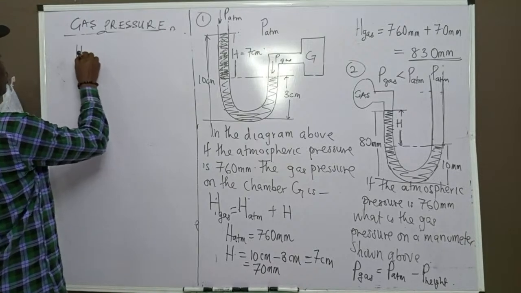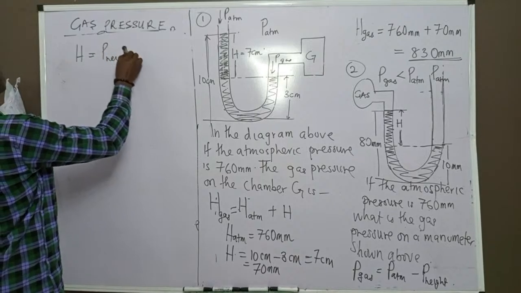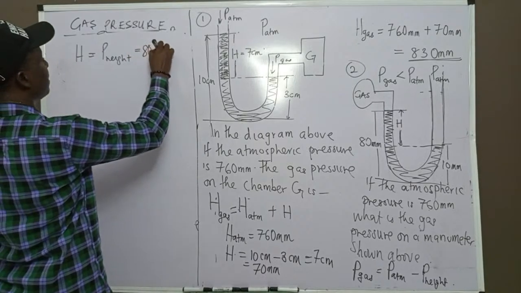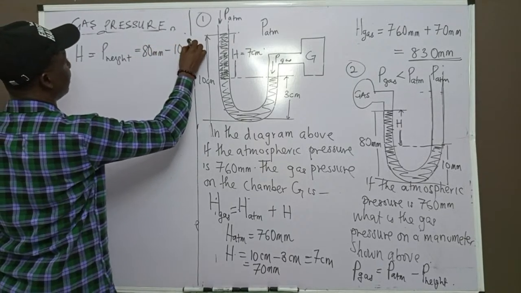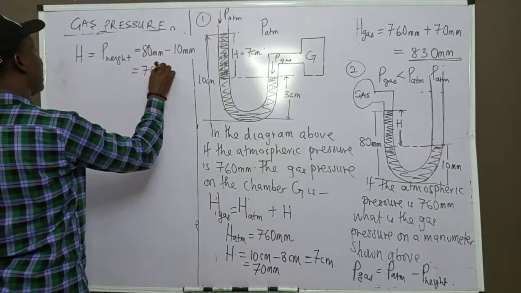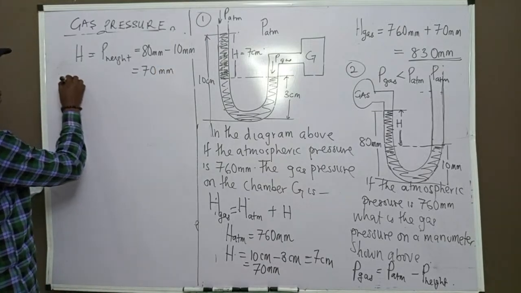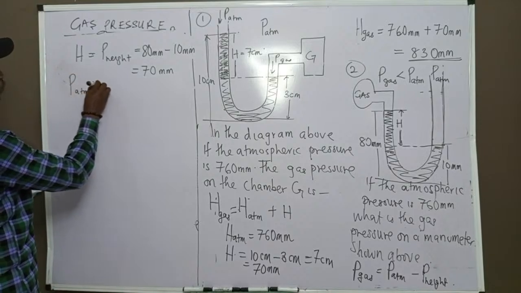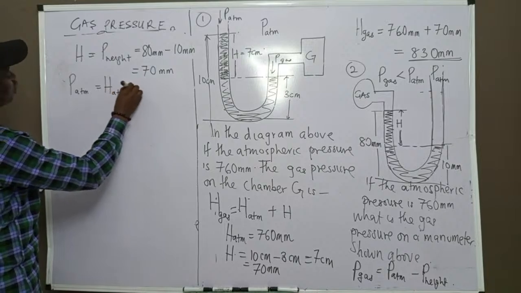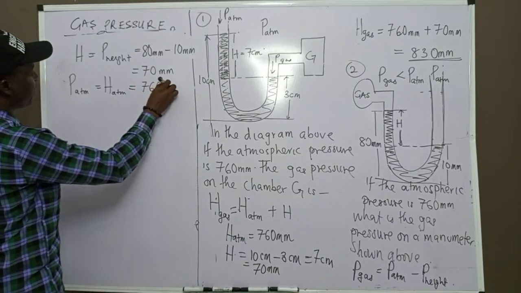The height is equal to 80 millimeter minus 10 millimeter, which gives us 70 mm. Then the pressure of the atmosphere, H of the atmosphere, they gave us 760 mm.